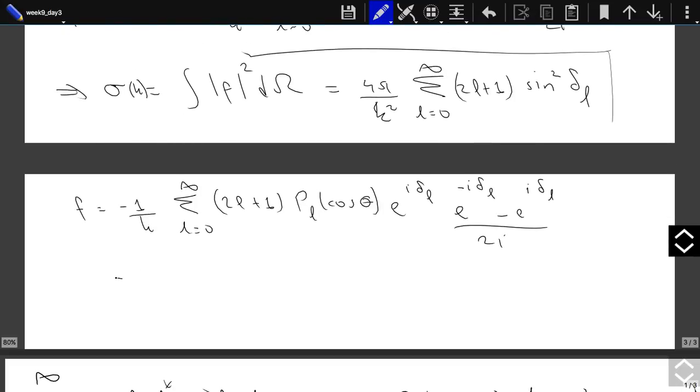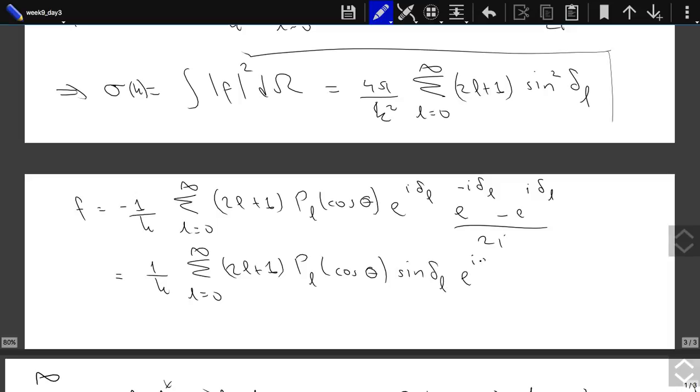And this is 1 over k, sum over L equal to 0 to infinity, 2L plus 1, P_L cosine theta, sine delta_L, times e to the power i delta_L.